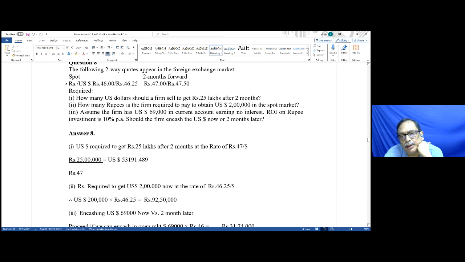That is the 2 months forward rate, the bid rate. Accordingly, rupees 25 lakhs divided by rupees 47, and the US dollar amount will be 53,191.489. The second question is, how many rupees is the firm required to pay to obtain US dollar 2 lakhs in the spot market?